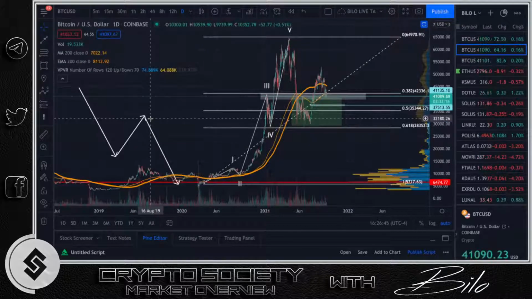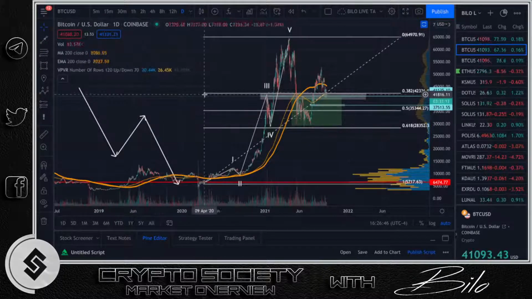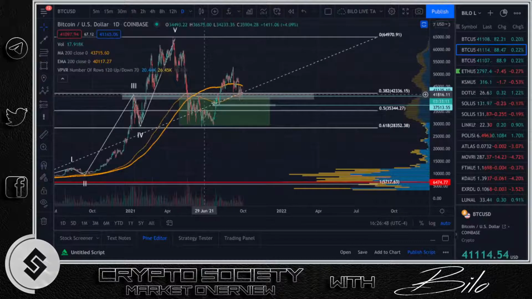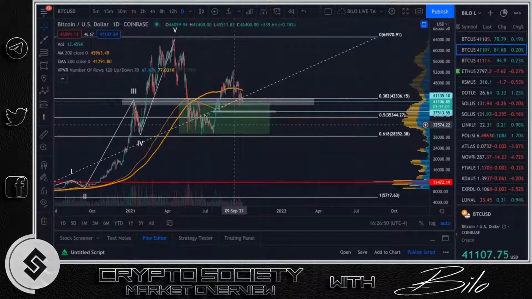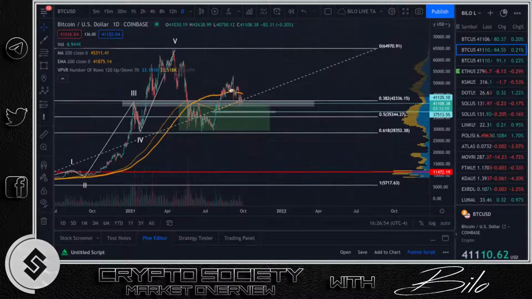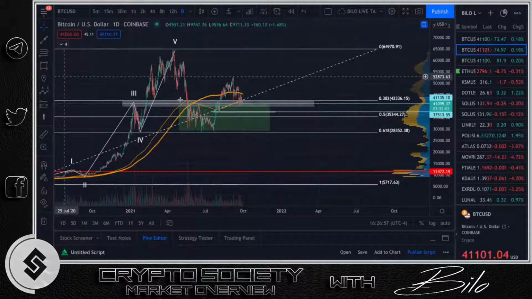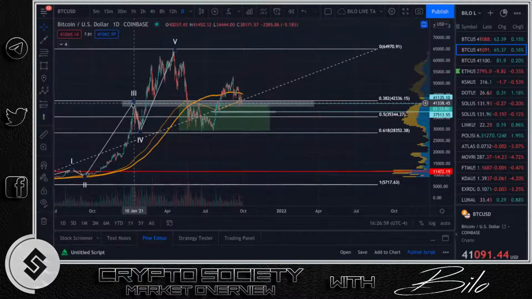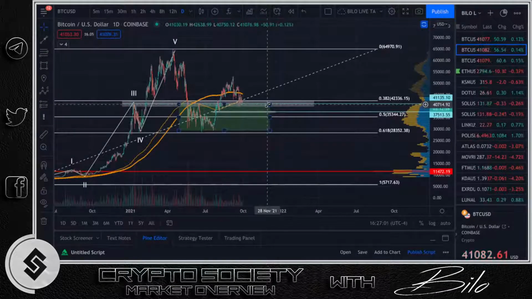So, yeah, that's it for Bitcoin. Few things to keep in mind right now. I mentioned the channel. I mentioned the levels. I mentioned not to be so hooked on a particular number. It's not this number exactly, it's the zone that matters. The reason for that is because you have hundreds of exchanges and the prices are intercorrelated somehow through bots, because you can't have Bitcoin at 30,000 on one exchange and 35 on another.